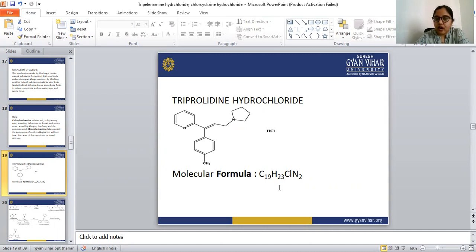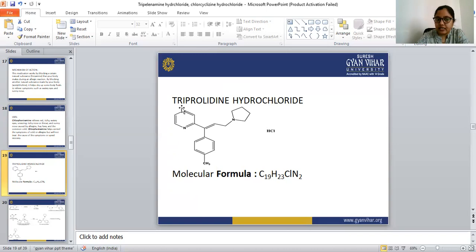C19H23ClN2. Let's count the number of carbons. In this ring there are 6 carbons, then 7, 8, 9, 10, 11, 12, 13, so 13 carbons are here.